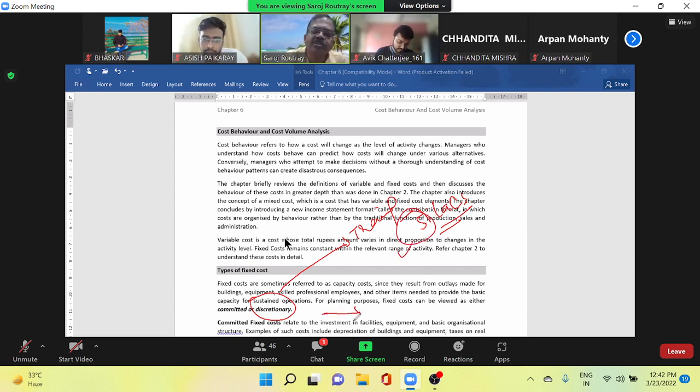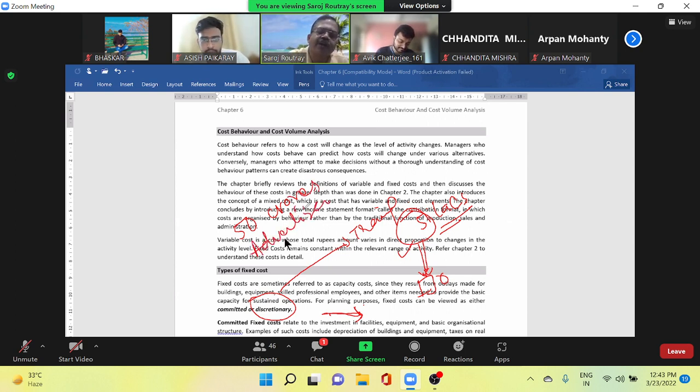But during this COVID period, management is having a lot of financial pressure. It doesn't want to spend any money on training. Zero. It doesn't depend on volume. It's a fixed cost, but it is at the discretion of management. Management had thought of spending 50 crores of rupees on advertisement.